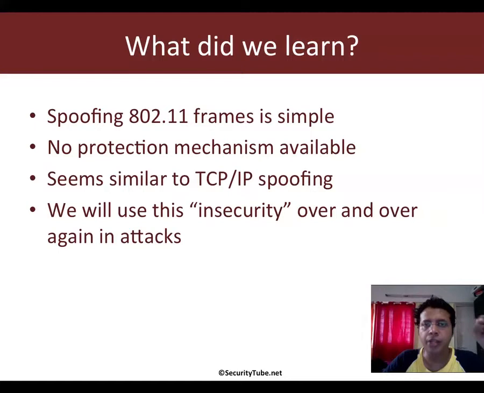Now, a corollary of this is, if I can spoof any access point or any beacon frame, that actually means if there is an authorized network called Vivek, I could have just created a beacon frame flood for Vivek as well, which may end up confusing a lot of legitimate clients also.